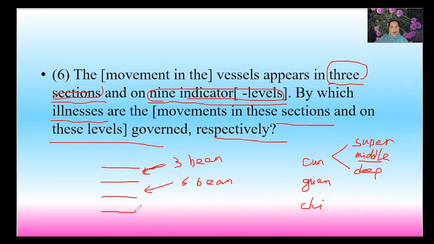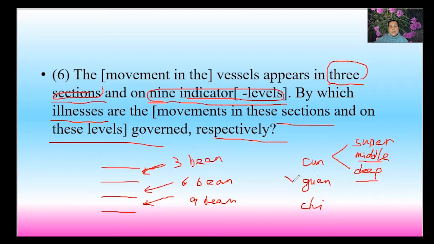You push in even harder, and that's the deeper pulse. So you press in pretty lightly, then heavier, and even heavier. That's the superficial level, middle level, and deep level.